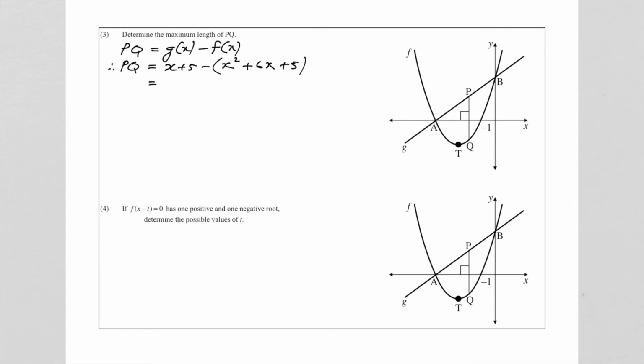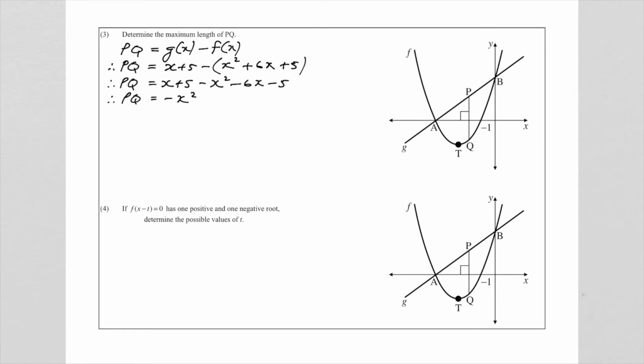And now we just simplify this, and we will get x plus 5 minus x squared minus 6x minus 5. And that will leave us, when I simplify this, with minus x squared. You will notice that the positive 5 and the negative 5 will subtract to 0.